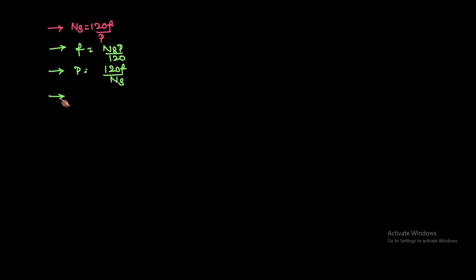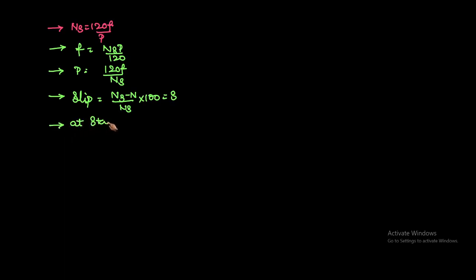Next we have another formula, slip, which is very important. Slip S equals Ns minus N divided by Ns, and if you want to express it as a percentage, you multiply by 100.